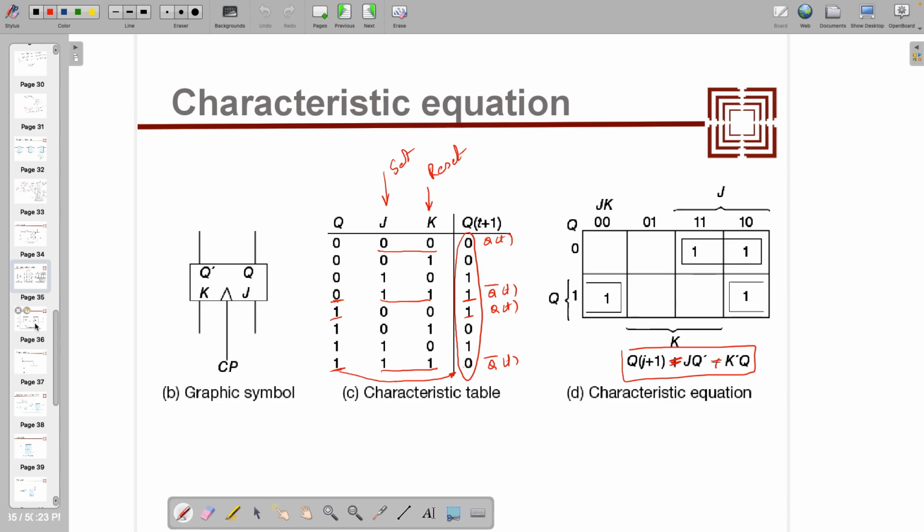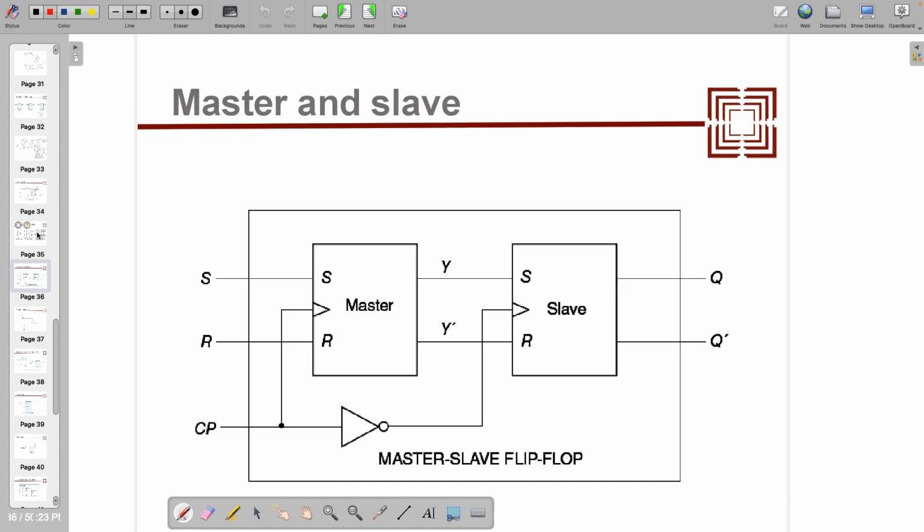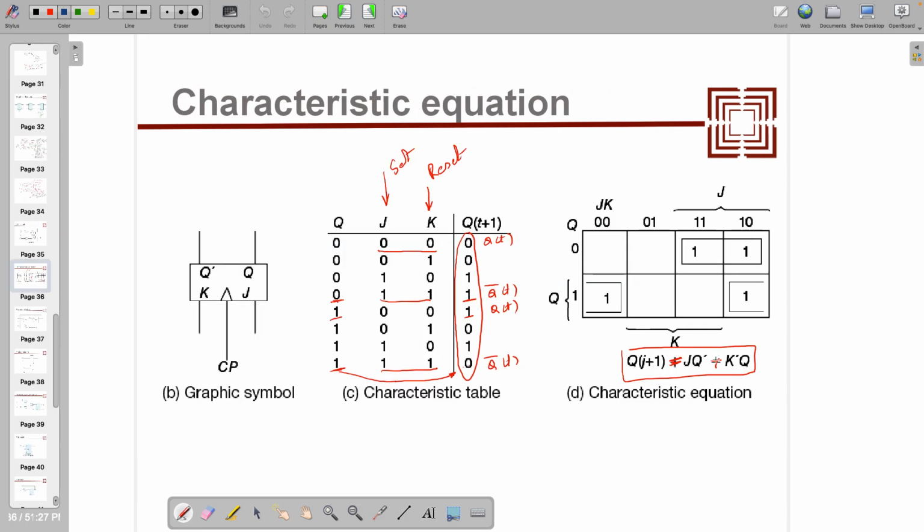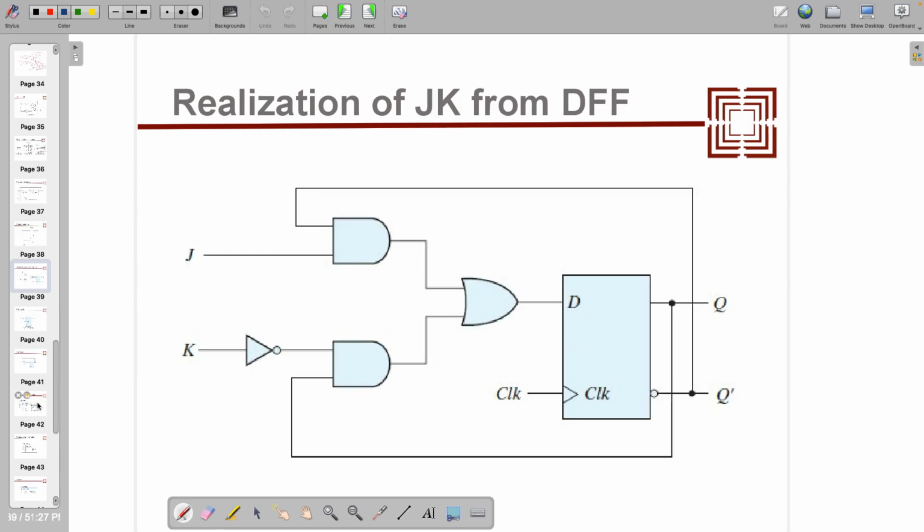For RS latch, it's changed. RS latch is the one which is changing the truth table, right? So that you need to check. The characteristic equation over here, J Q prime plus K prime Q. That was the equation for Q t plus 1.